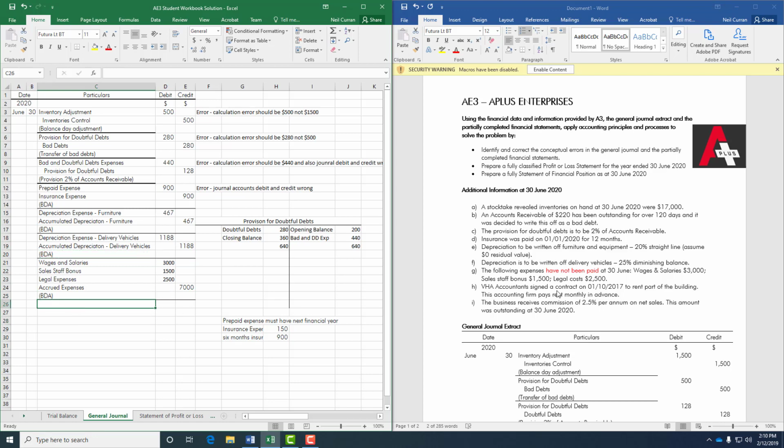Now the next one, it says we have signed a contract to rent part of the building. The accounting firm pays rent in advance. Okay, so basically what we've got here is a prepaid expense, because the key word here being advance, and also the key word being rent, which is basically an expense. So we've got to put prepaid expense, and then we've got rent expense.